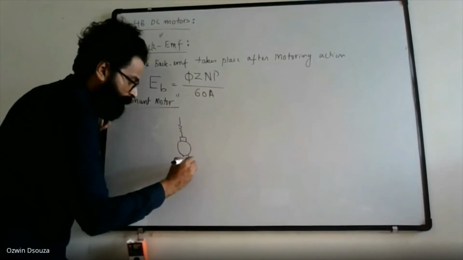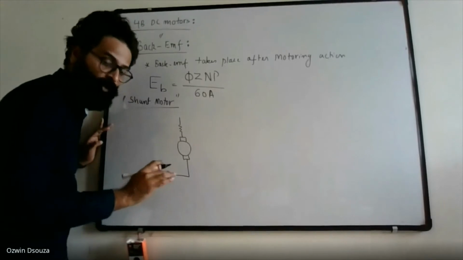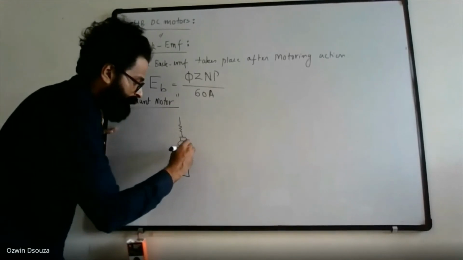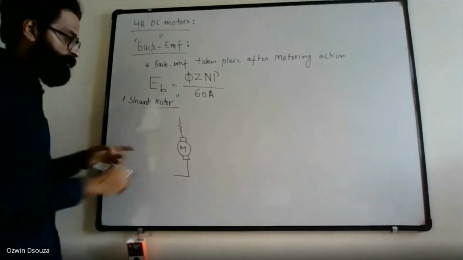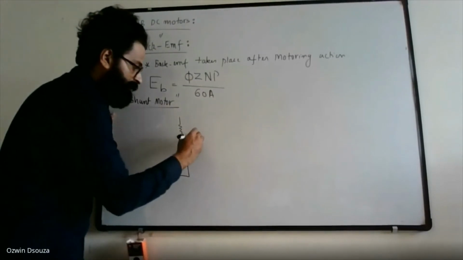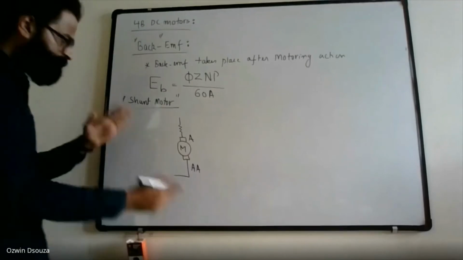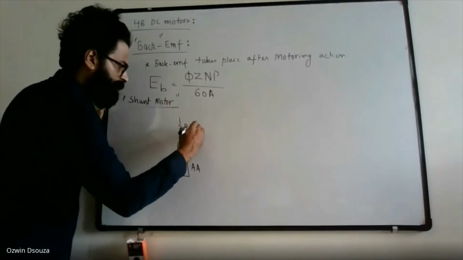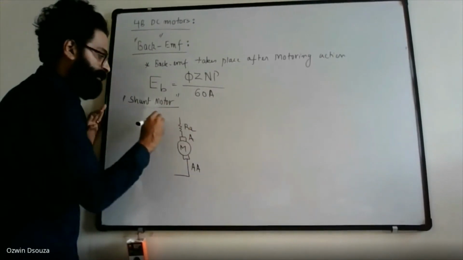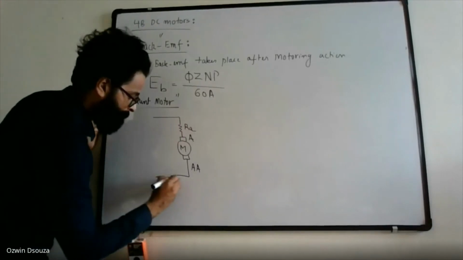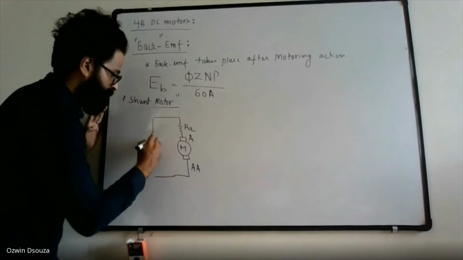I'm not talking about generator anymore. Motor I'm talking about. Hence, I'm going to write a symbol M. So M stands for motor. So this is your A and this is your AA. This is your armature current, resistance Ra. And this is your field winding.